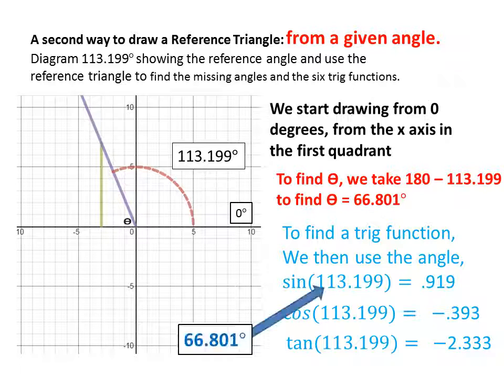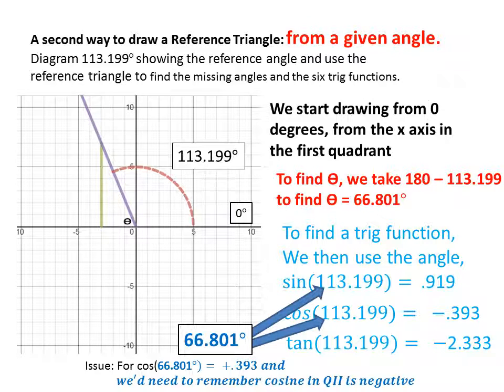Now again, I told you that you could also take the 66.801 degrees and use it for sine. For sine it wouldn't matter because it would give me a positive answer either way, and sine in the second quadrant, as we found out, is positive. The problem is when I try to do that with cosine. If I took the cosine of 66.801 degrees, I would have gotten a positive 0.393 back from my calculator, and we need to remember, if we were on a quiz or a test, that we would have to put a negative in front of that because cosine in the second quadrant is negative.